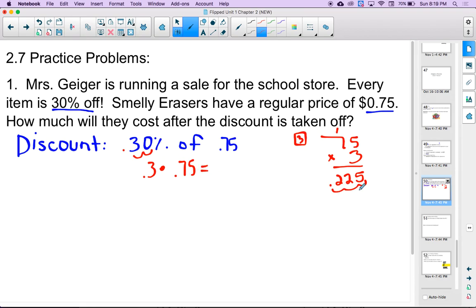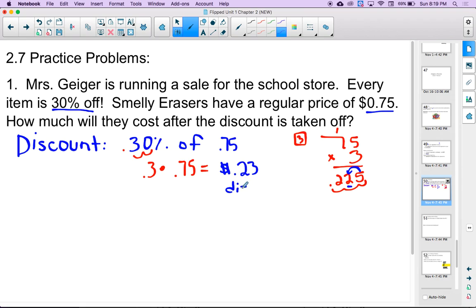So we have to round it to the hundredths place because money has 2 decimals. The 5 tells us to make that 2 become a 3. So the discount amount here is 23 cents. That will be our discount.